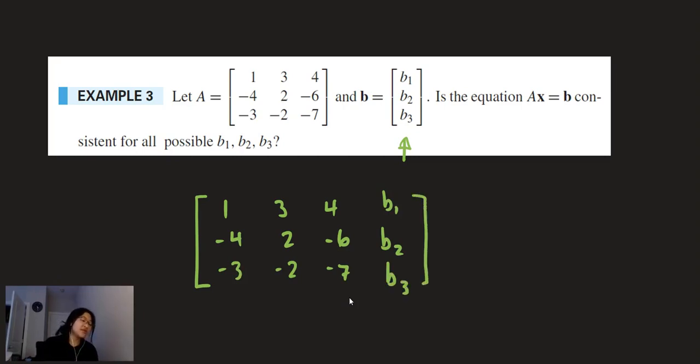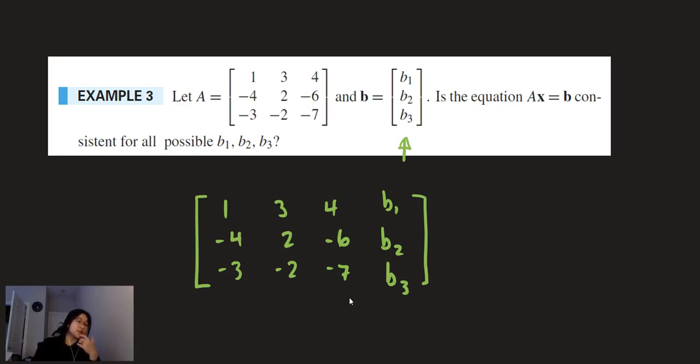Once we have this augmented matrix, we can do row operations to get to an echelon form, and that can help us to see if a solution exists, or if there are infinitely many solutions, or if we have an inconsistent system.